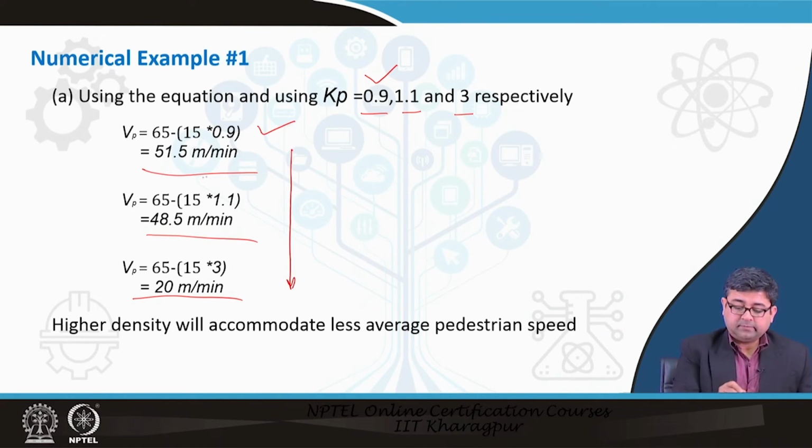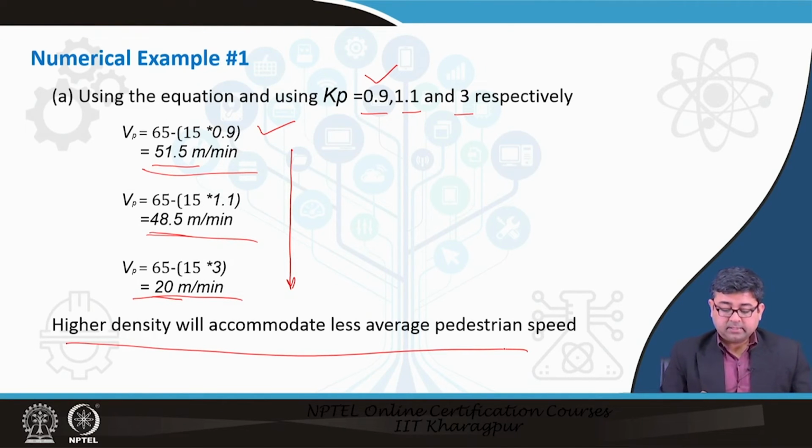Speed for 0.9 is 51.5, then decreases to 48.5, and finally to 20. So, the higher the density, the lower the average pedestrian speed.